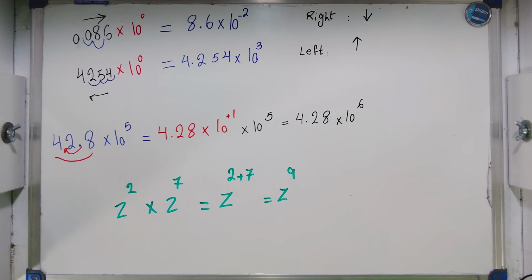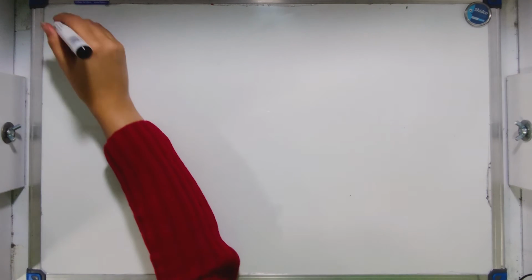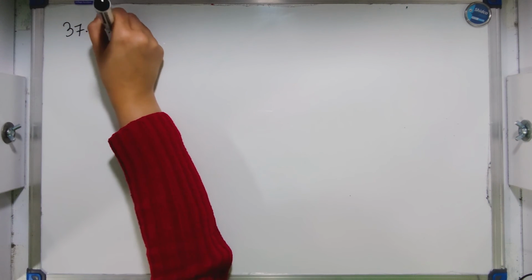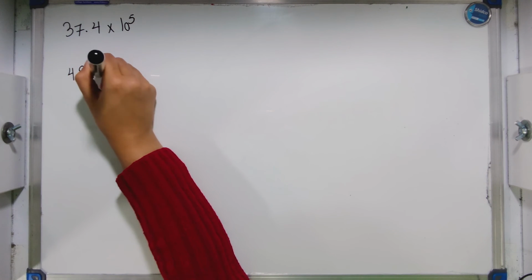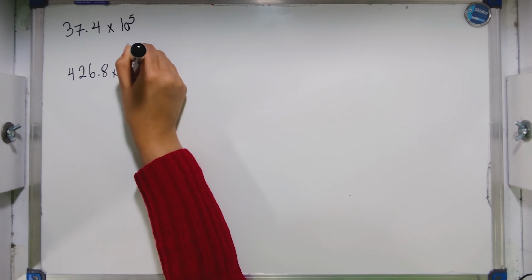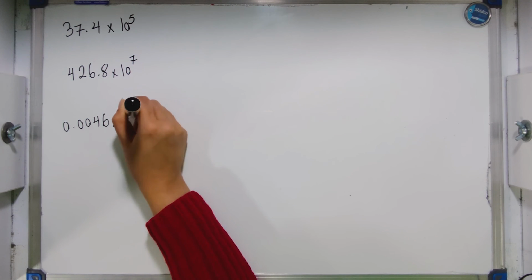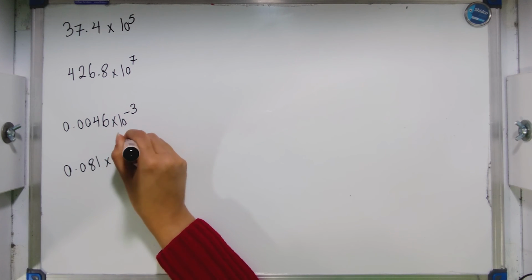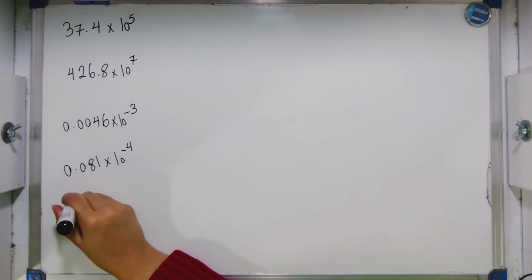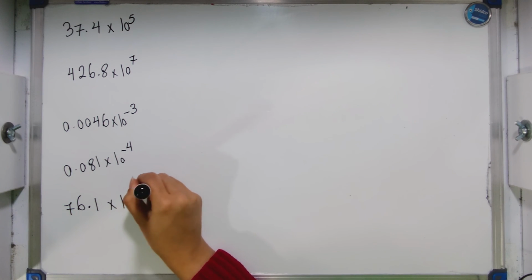So let's try these examples. 37.4 times 10 power 5, 426.8 times 10 power 7, 0.0046 times 10 power minus 3, 0.081 times 10 power minus 4, and 76.1 times 10 power minus 5.